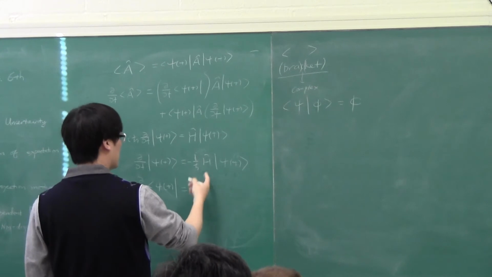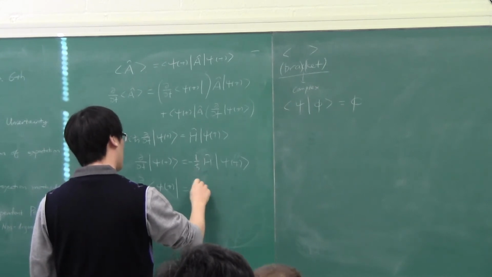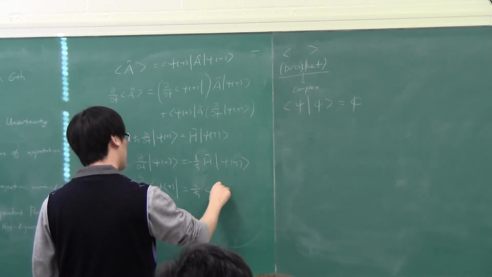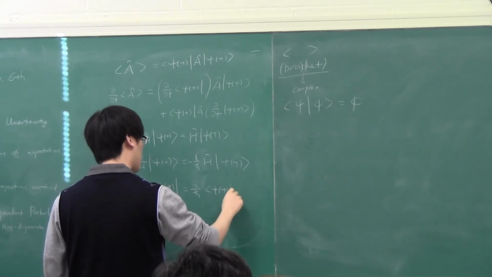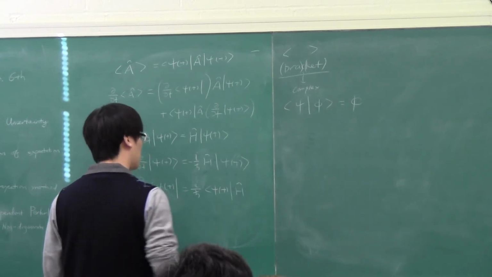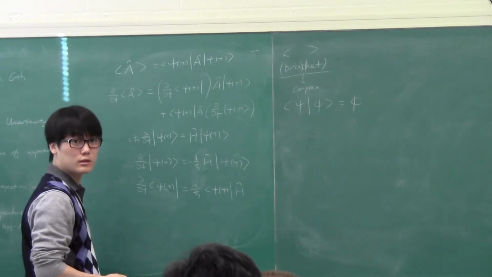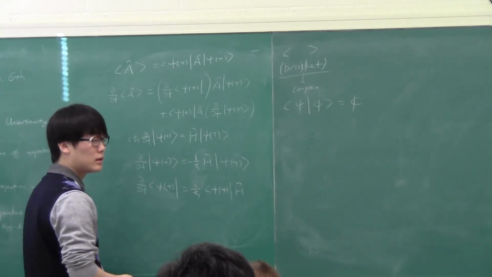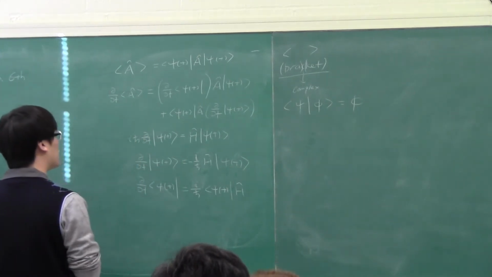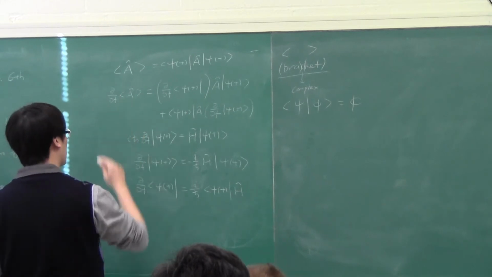So this will turn into i over h bar, this, and the Hamiltonian is Hermitian, so it's adjoint to itself. Now I plug this into there.